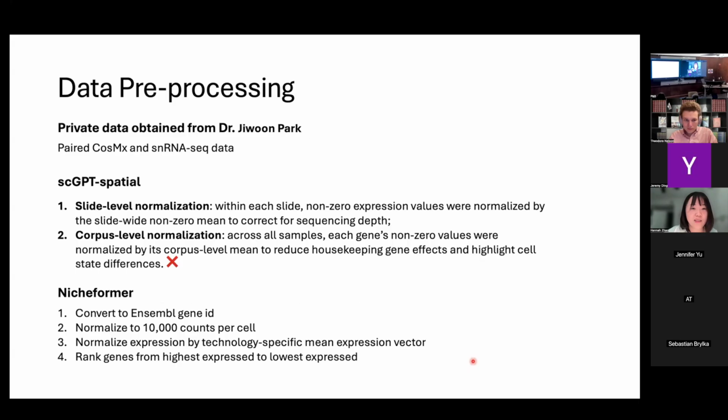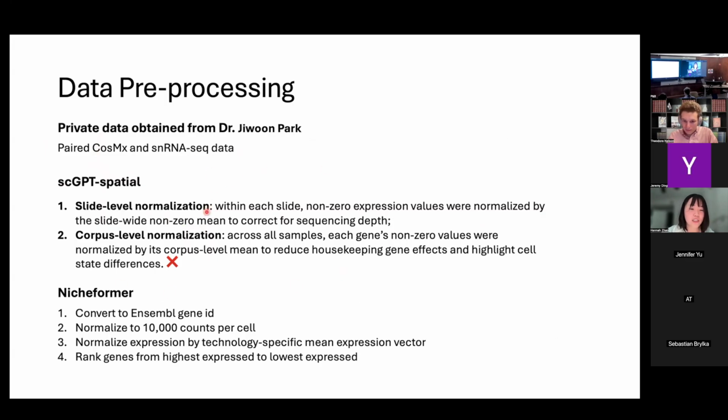For my benchmark, I got some private data from Xiaohan, which is paired Cosmics and RNA-seq data, but only a small portion, so it's very manageable. For the data pre-processing for scGPT Spatial, I looked very carefully in their paper.